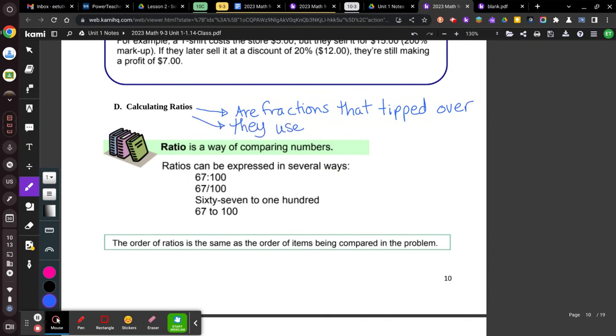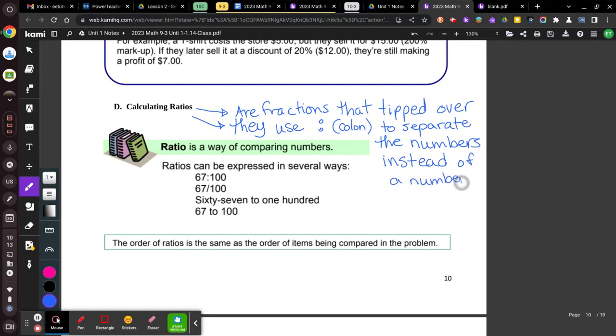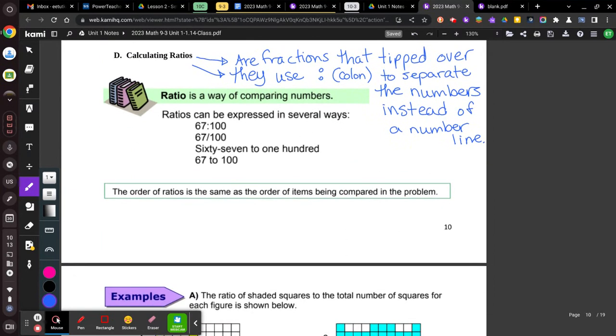They use a colon to separate the numbers instead of a fraction line. Okay, and we're going to show you the exact thing of what it's talking about. So, write that down. I'll give you a moment.